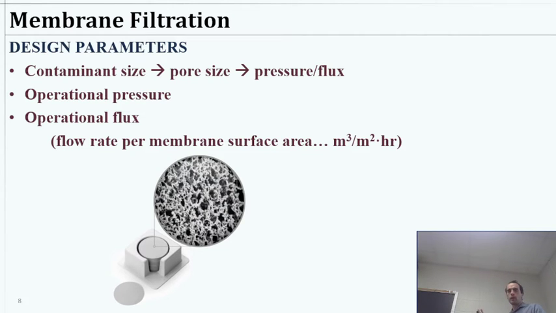I think I was relating the pore size to the pressure or to the flux. But essentially, you're going to have more pressure required to go through smaller areas, but you're also going to have reduced flux. Not only is it requiring more pressure, but less water comes through, or it comes through at a lesser rate.